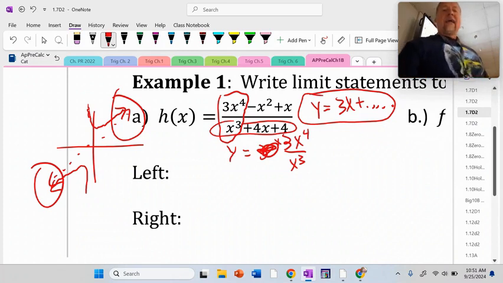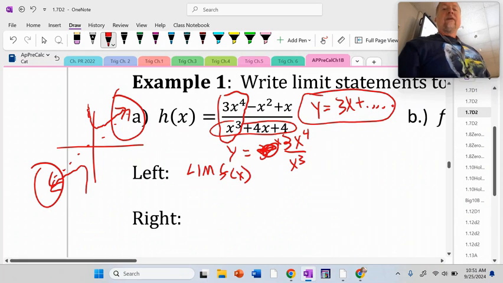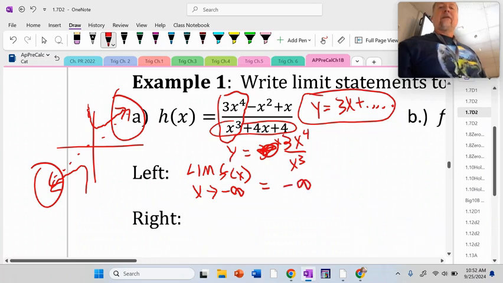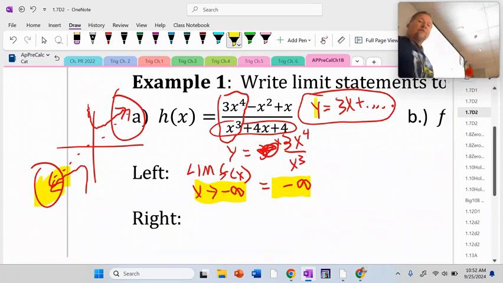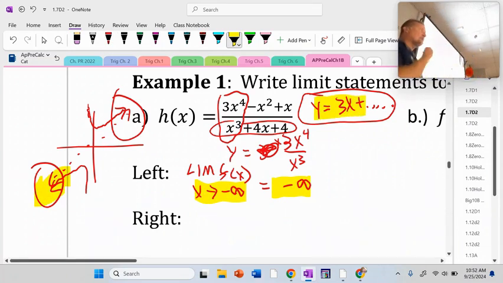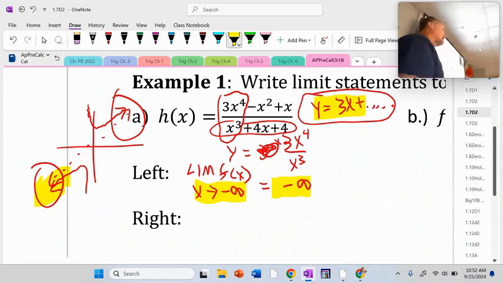Okay, so my left end behavior, the limit of f of x as x approaches negative infinity, is negative infinity. That's this end. That's this end. So it comes from the knowledge that I have a slant asymptote that at least has a slope of 3. Y equals 3x.